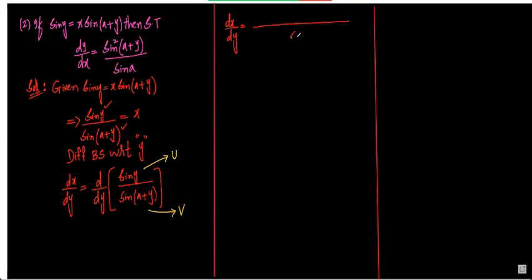So sine square of (a plus y) whole square. V square means sine of (a plus y) whole square. Here you will get sine of (a plus y) only. And now d by dy, with respect to y कर रहे हैं, be careful, d by dy of sin y minus sin y into d by dy of sin of (a plus y).